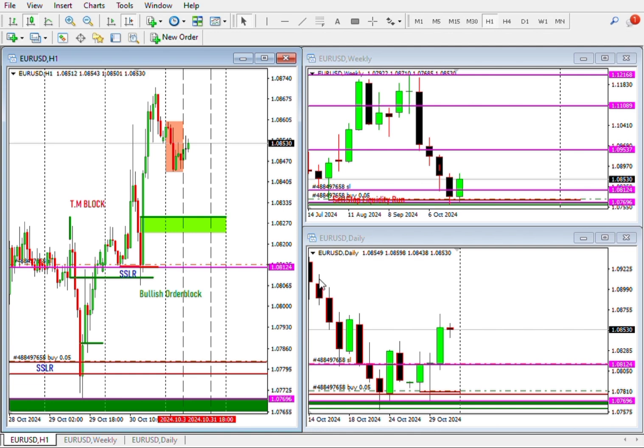Okay, and it has basically traded one side on that run up.